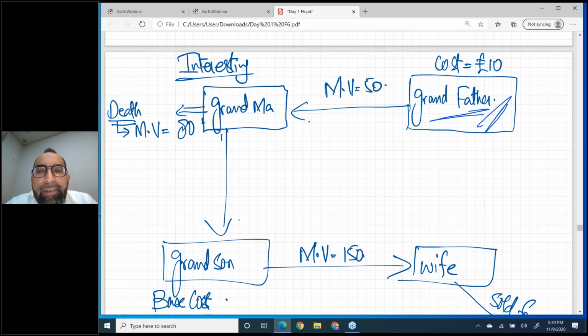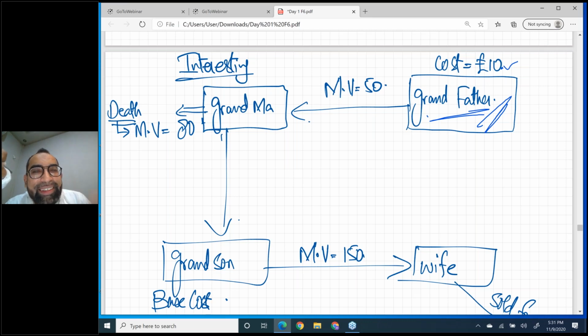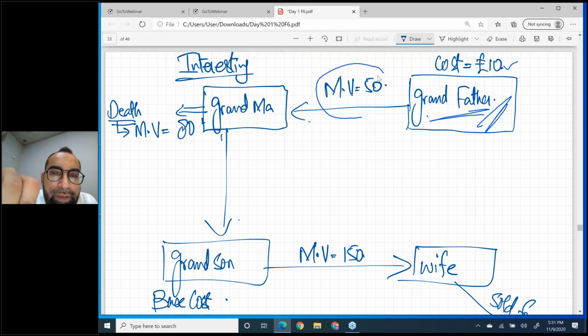Let us say the grandfather bought a chargeable asset for 10 pounds. Look here, boys and girls. Now the grandfather transferred this asset to grandma, the wife of the grandfather. At that date the market value was 50.